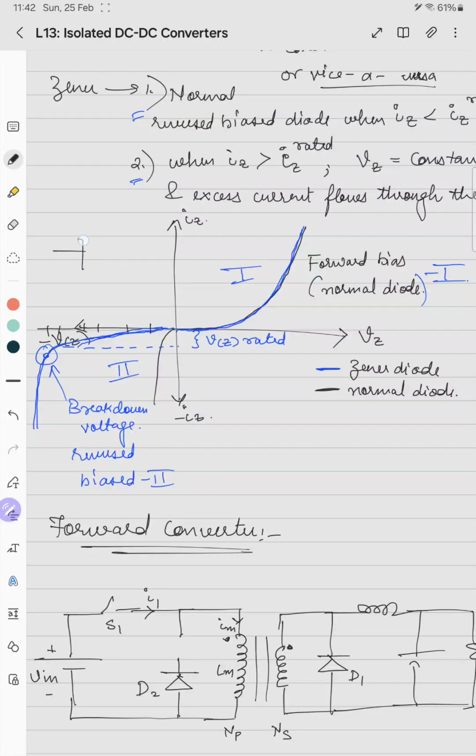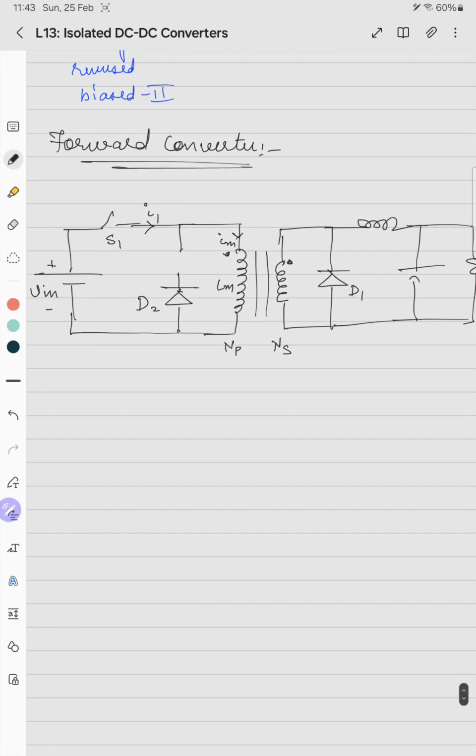So this is the Zener. This is plus minus Vz, and this is the positive direction of Iz. The Zener action comes in the reverse bias region, which means that the voltage across the Zener becomes negative polarity. This is anode, this is cathode. So when Vz becomes negative, the voltage across it is reverse. So K becomes positive and A becomes negative.